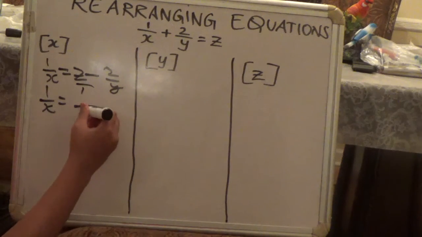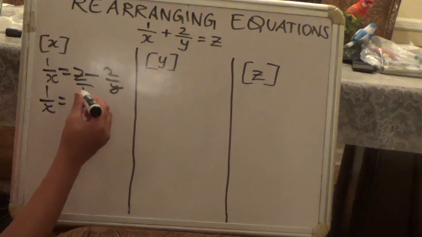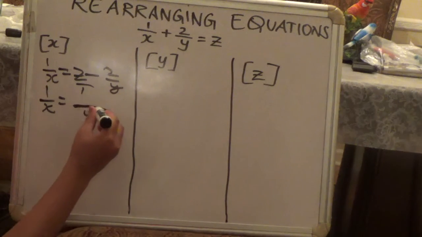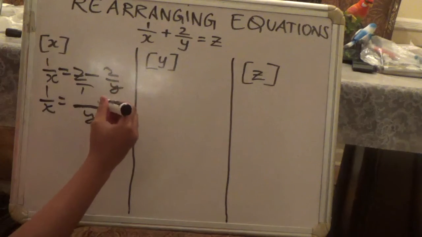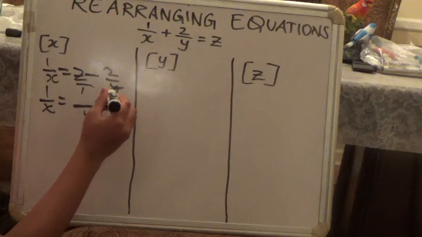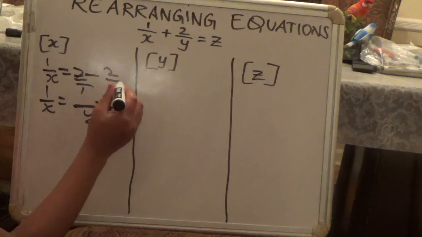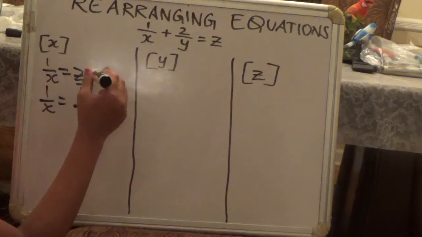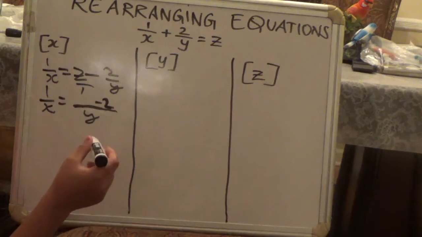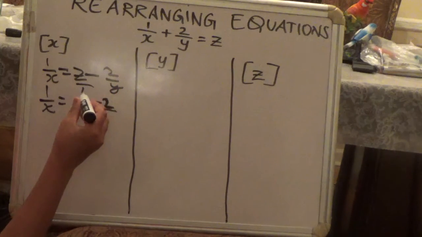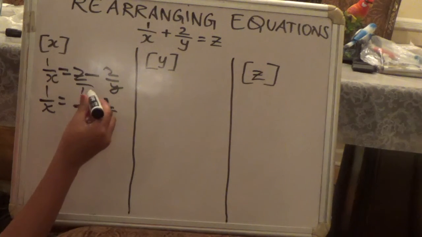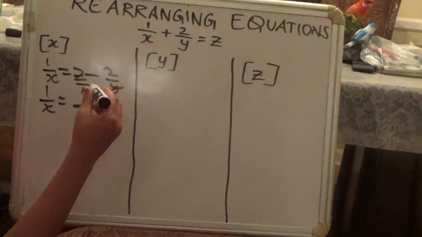So we make the denominator y since it's the least common multiple. Minus 2 over y stays minus 2 over y, because minus 2 doesn't change. However, z over 1, the denominator is not y, so you multiply z over 1 by y over y.